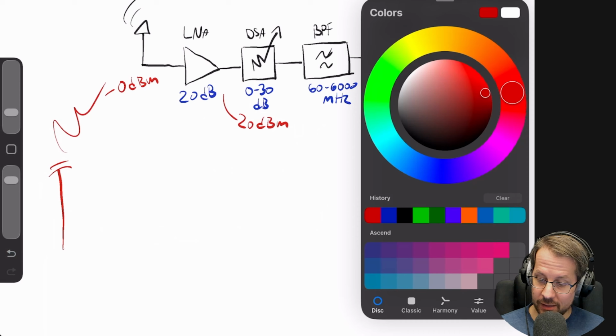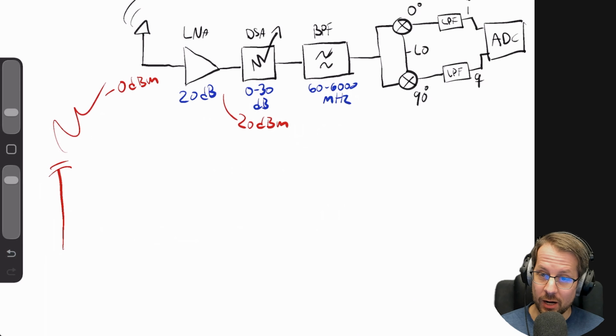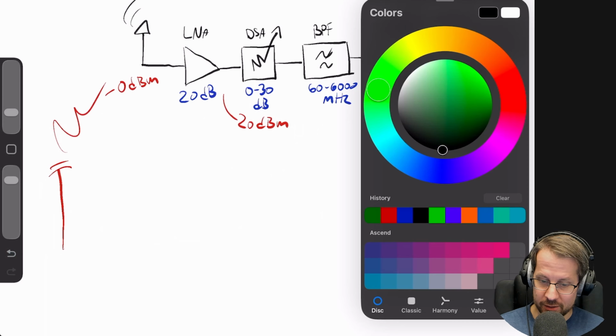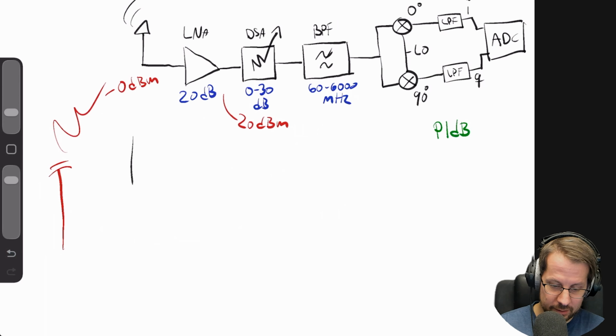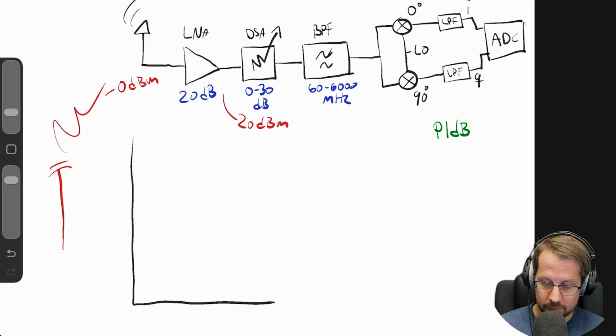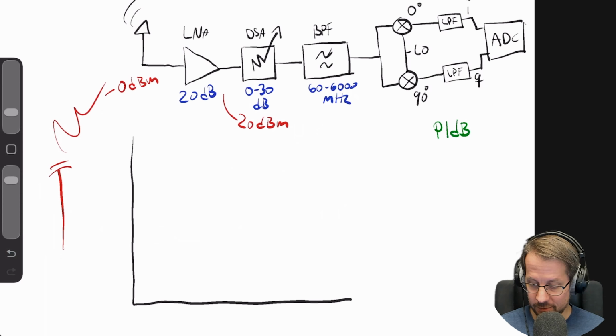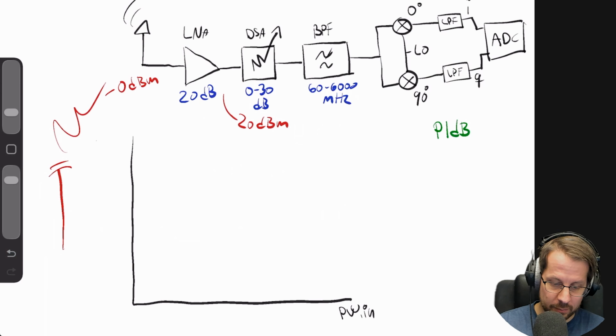Well, in the data sheet for your amplifiers, you usually have a value that is called the P1dB, the 1 dB compression point. Let me try and explain that to you here. You draw a line here to explain the power in, and the power out.